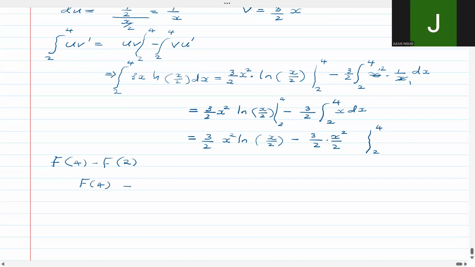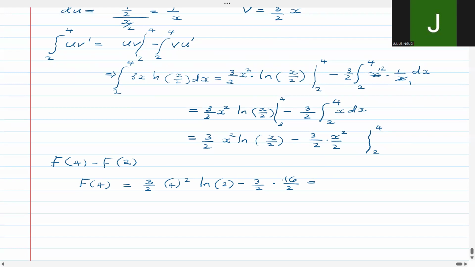substituting at 4. So the first part, we have 3 over 2. Instead of x, you put 4. So you square 4, times ln of 4 divided by 2, that's 2. Minus 3 over 2 multiplied by 4 squared, which we can write as 16 divided by 2.